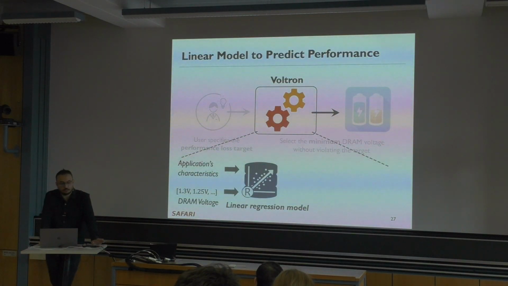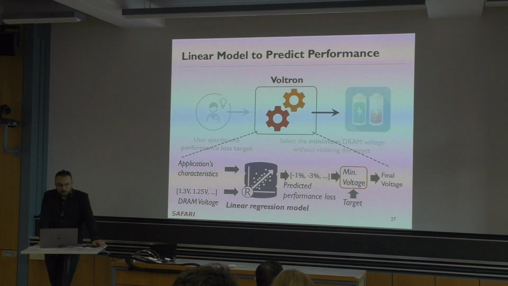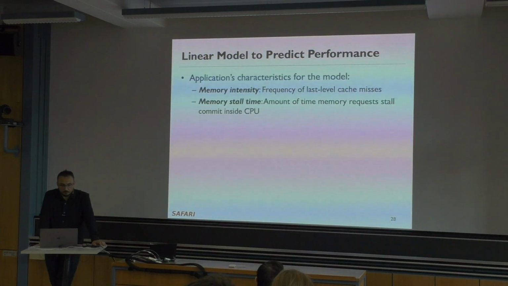We try these application characteristics with different voltage levels, and then we predict some performance loss for each of these voltage levels. Then we compare our target with the performance loss we have, and then we decide the final voltage value.